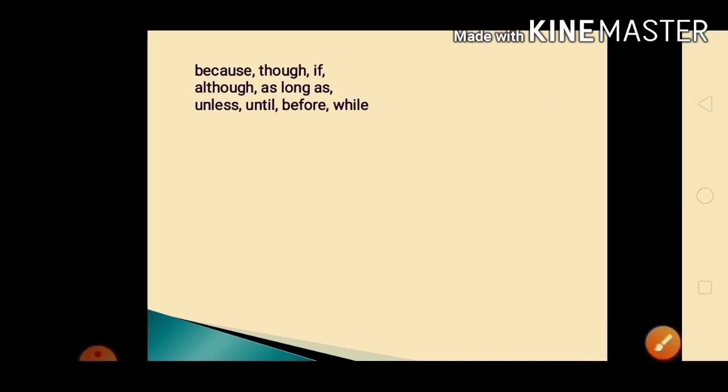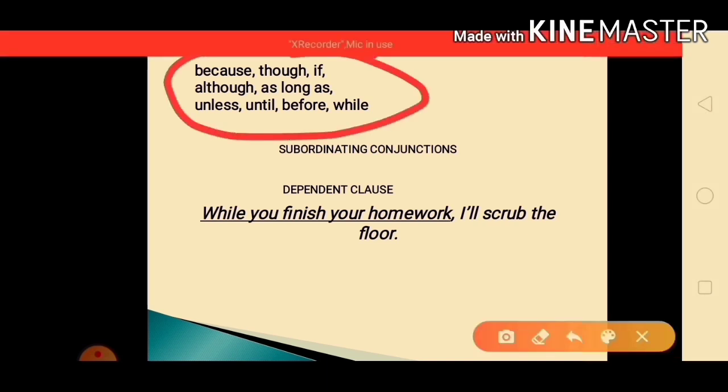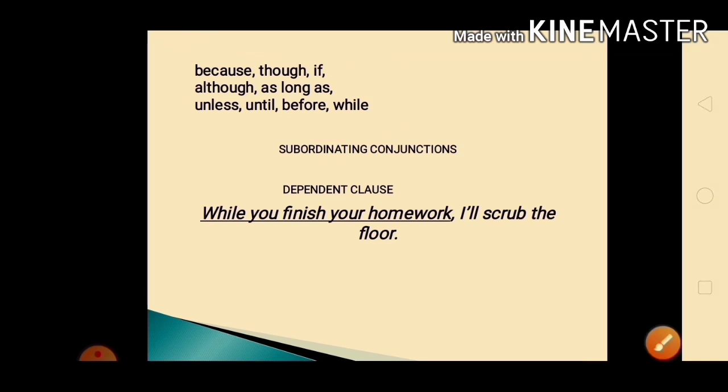Next, because, though, if, although, as long as, unless, until, before, while are also examples of conjunctions, and these are what we call subordinating conjunctions. In this example: While you finish your homework, I'll scrub the floor. Because of these words, we are able to make a dependent clause, not a complete sentence.